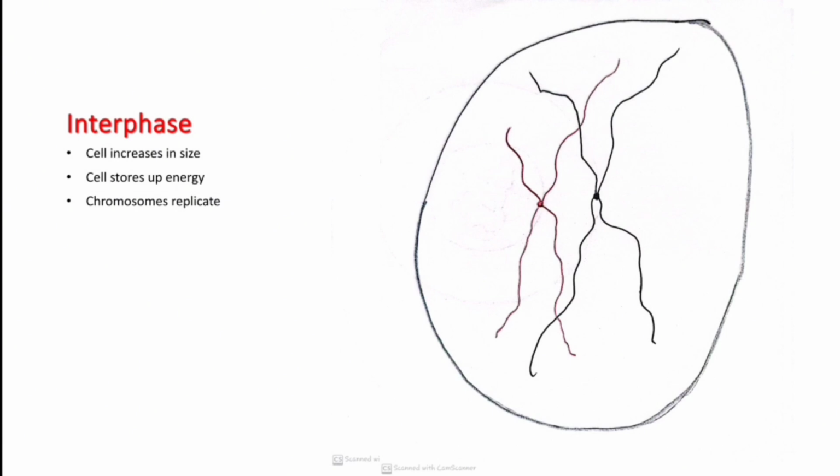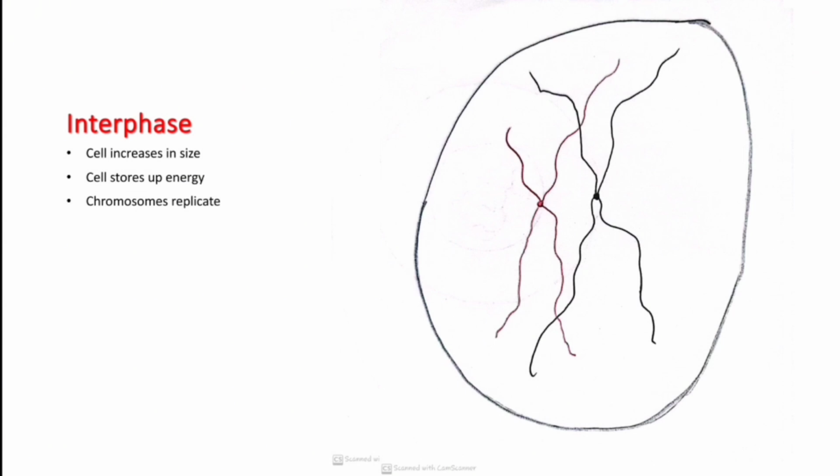In this case, both of them together are considered one chromosome as a whole. The chromosomes have replicated, meaning they've made a copy, and that copy has joined with the original chromosome at the centromere. Them being together, they are still considered as one chromosome.